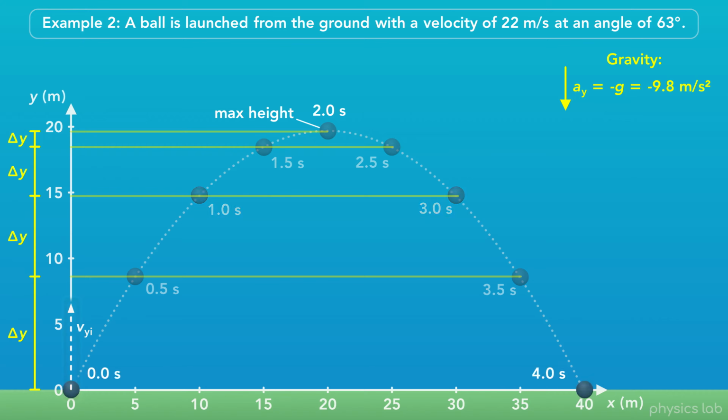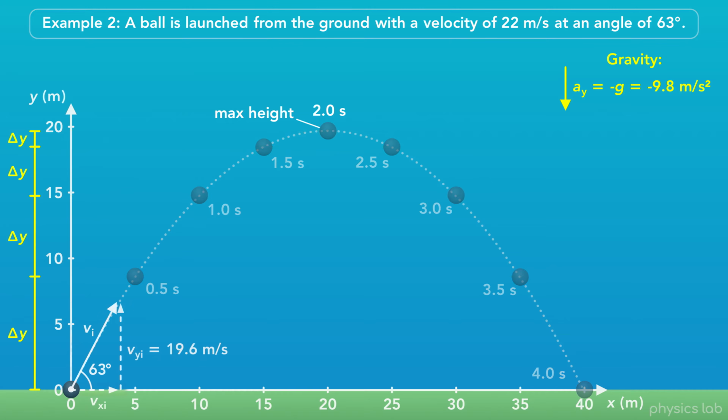Since the initial and final heights are the same, this trajectory is symmetric. The ball takes 2 seconds to move up and 2 seconds to fall down. Also, notice that this is the same vertical motion as a ball that's launched upwards at 19.6 meters per second.